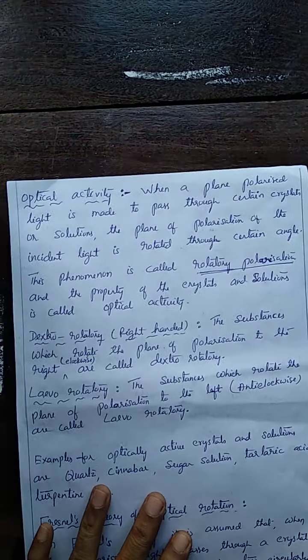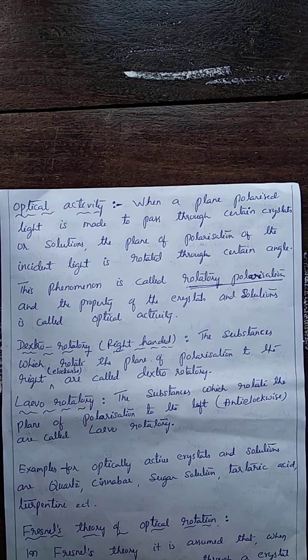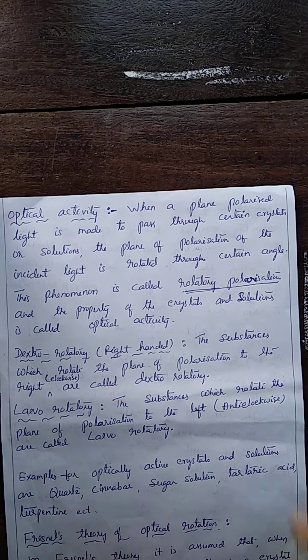Now let us discuss optical activity. What is optical activity? It is the phenomenon exhibited by certain crystals and solutions. When a plane polarized light is made to pass through certain crystals or solutions, the plane of polarization of the incident light is rotated through a certain angle.